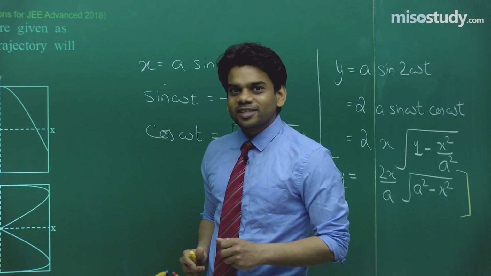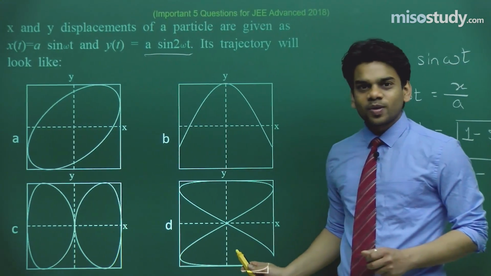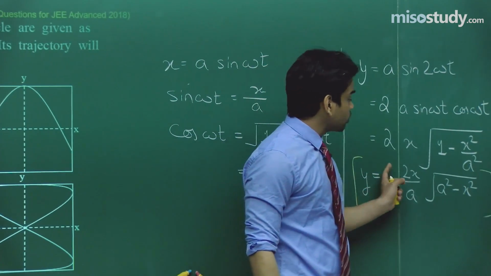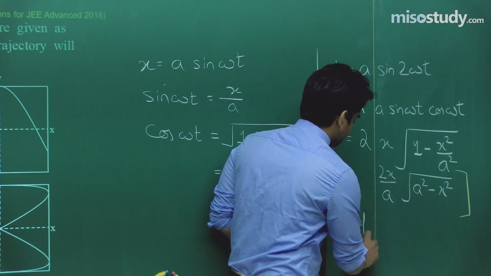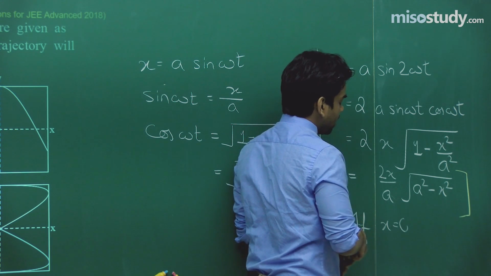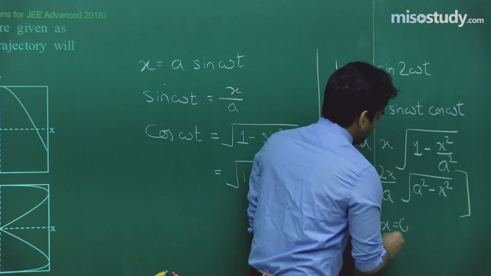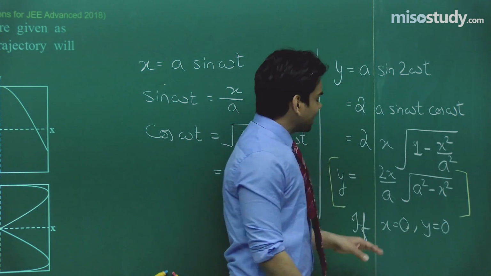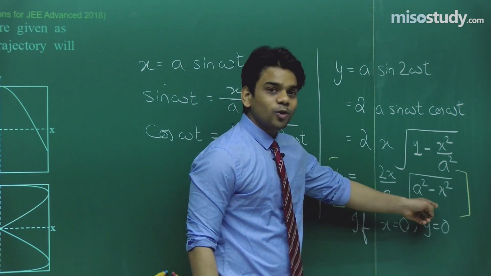Now see, y and x are written in this way. If we see the curves 1, 2, 3, 4, first of all, check here if x equals 0, y will be equal to 0. Next thing you check, if x equals a, y will again be equal to 0.